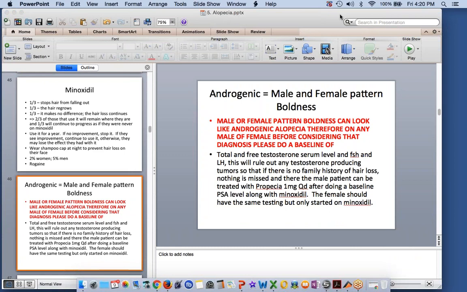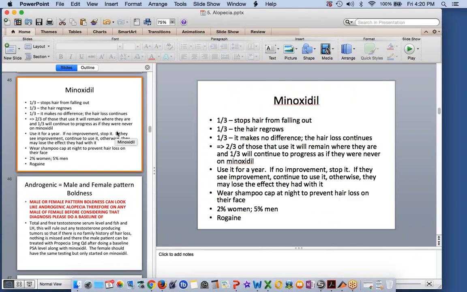So it's very important when one is going to treat what appears to be male or female pattern baldness that certain baselines are done, because we will be treating chronic conditions. On one hand, we were doing biopsies of the scalp to make sure we're not missing a diagnosis.